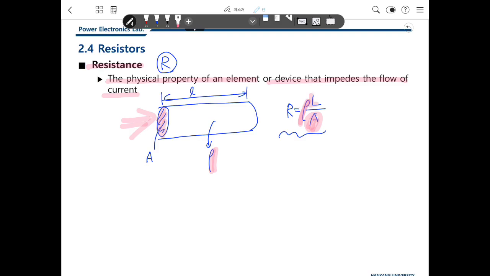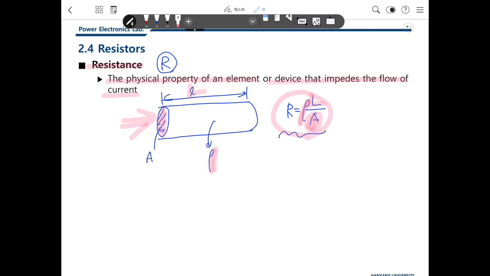And the longer the length L, the more the resistance will increase. R is a very simple and basic element in the electric circuit. An electric circuit is a kind of power delivered from the source to the load. So every element in an electric circuit should define the voltage across the element and the current which flows through it.